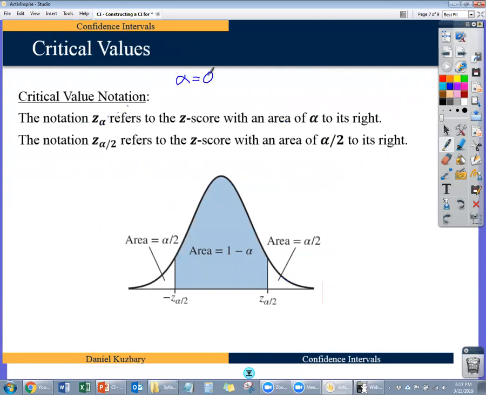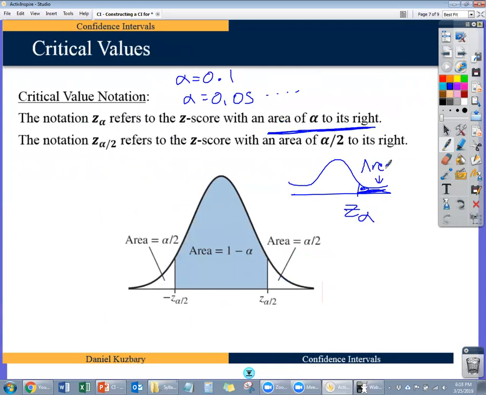For instance, alpha could be 0.1 or 0.05. It's a small probability. This refers to the Z-score with an area of alpha to its right. In other words, if I were looking at a standard normal curve, the area to the right of Z sub alpha is equal to alpha.